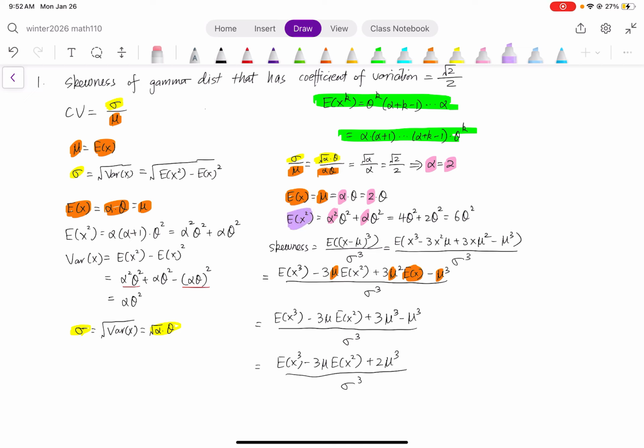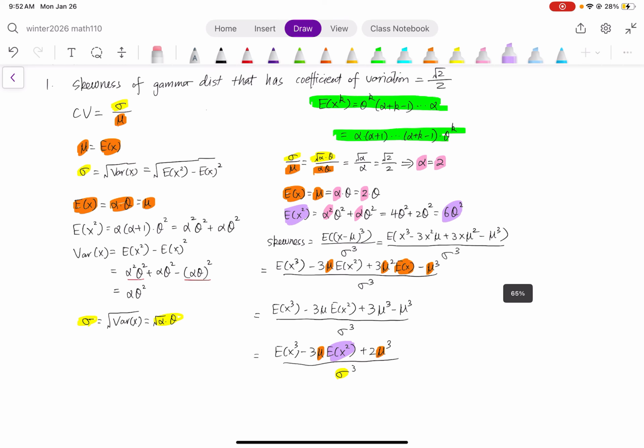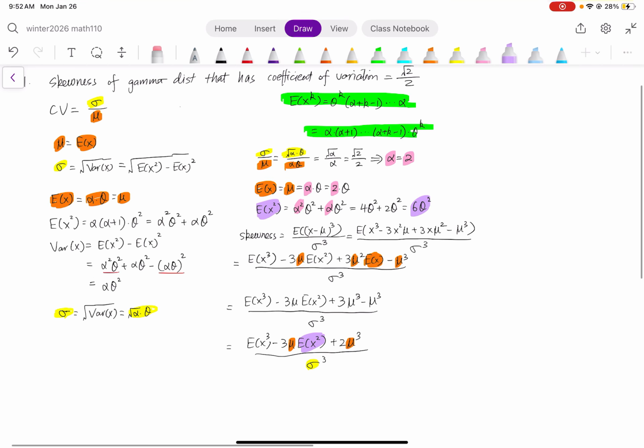We have the expected value, we also have the standard deviation, and we also have the second moment. Now we just need to calculate the third moment. If we're able to calculate the third moment, then we can plug in and get all the results.